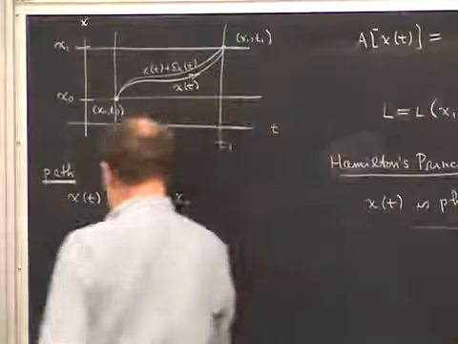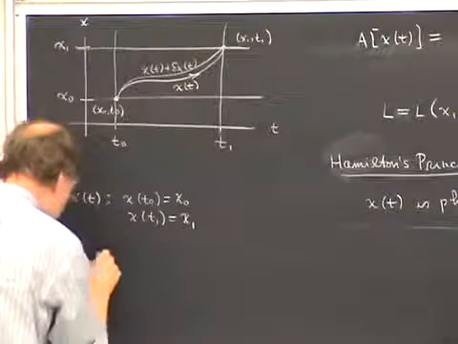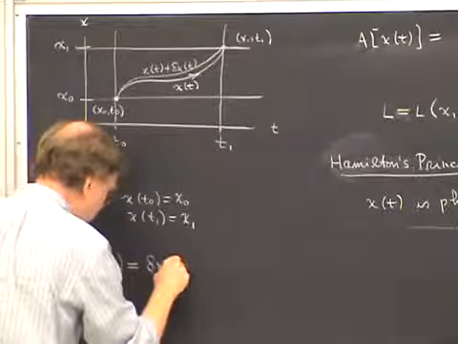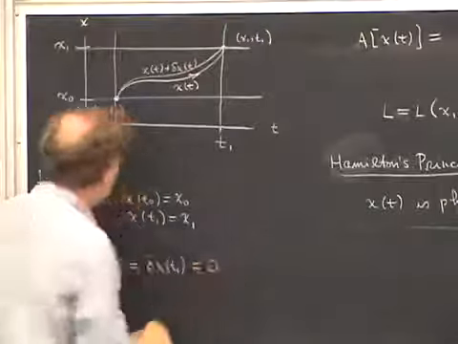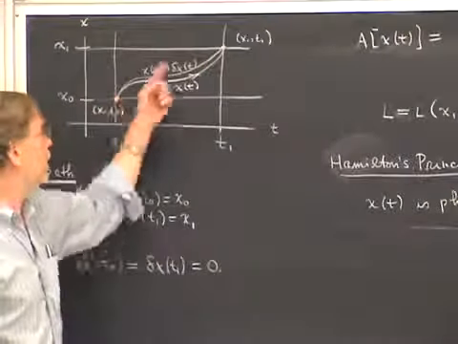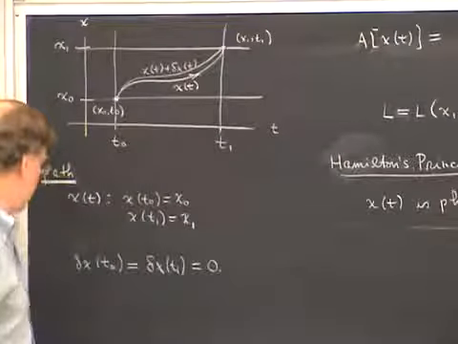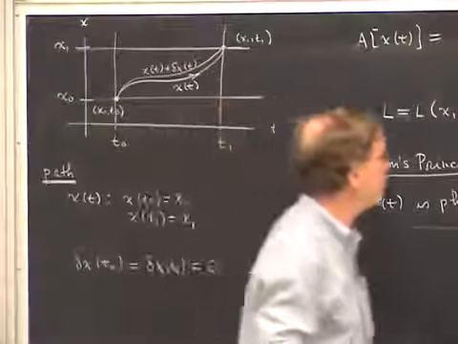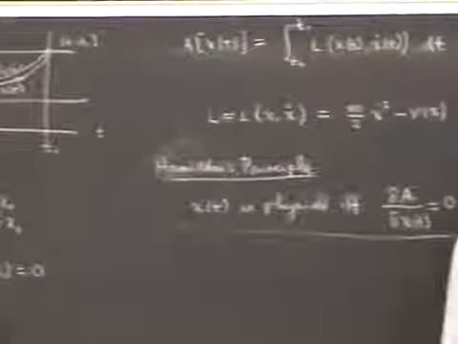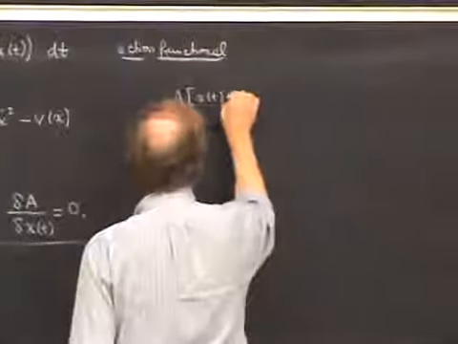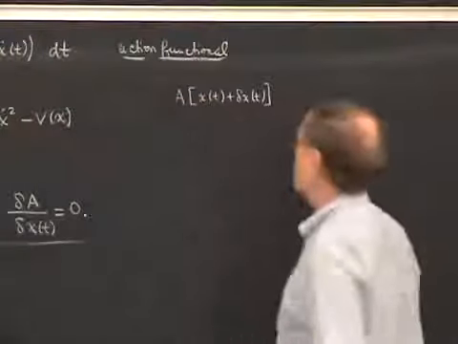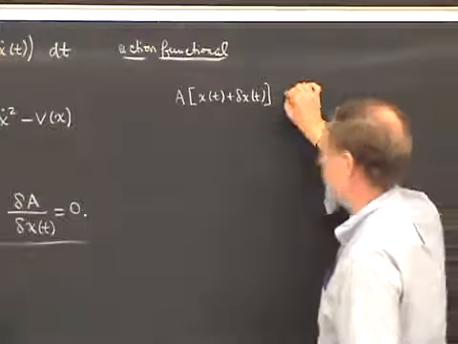So this function delta x of t has to satisfy the condition that delta x of t0 and delta x of t1 must be equal to 0, because otherwise the modified path wouldn't pass through the given endpoints and end times. That's just a condition we impose. Now, let's take this action and evaluate it not on the original path, but on the modified path, like this. So what do we get?